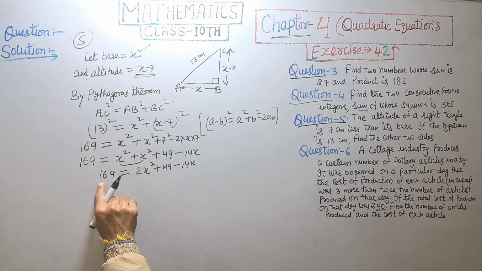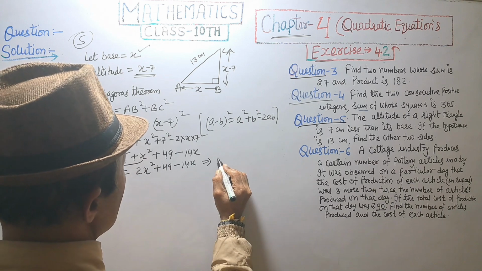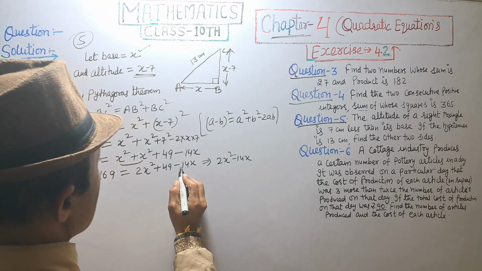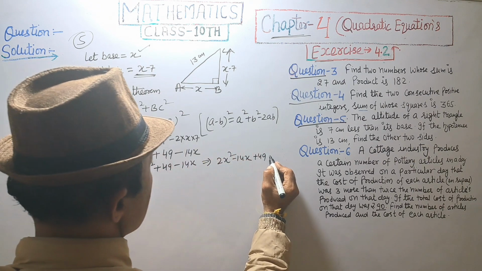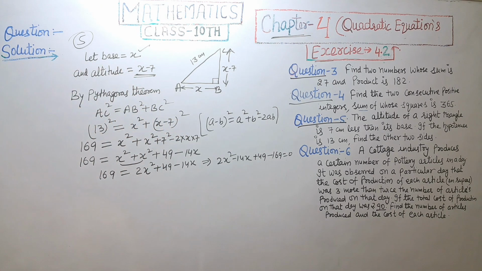Shifting 169 to the right side, 2x squared minus 14x plus 49 minus 169 equals 0.